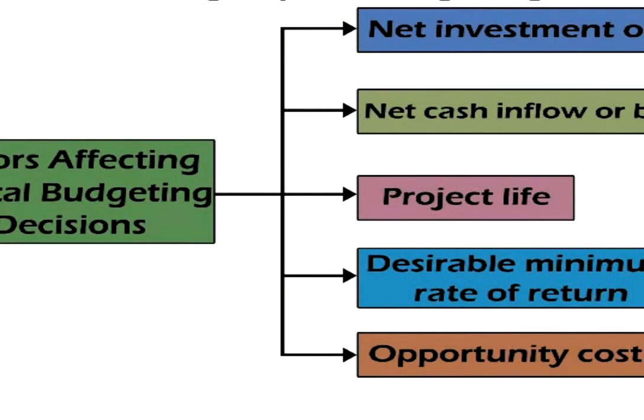Next comes desirable minimum rate of return. It is also called the cut-off rate or average cost of capital. A project should earn at least returns equal to the cost of capital. So it's a selection criterion for accepting or rejecting a project. If my return from a project is greater than the cost of capital, we shall accept that project.